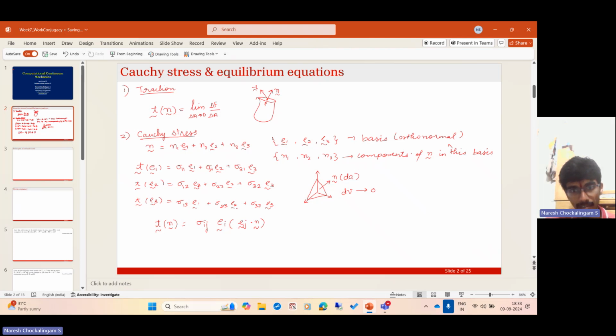This ej dot n comes from projecting the area dA onto the coordinate planes. So let's call them 1, 2, 3. dA1 is the projection of the area dA on the 2, 3 plane, and that is nothing but E1 dot n times dA.